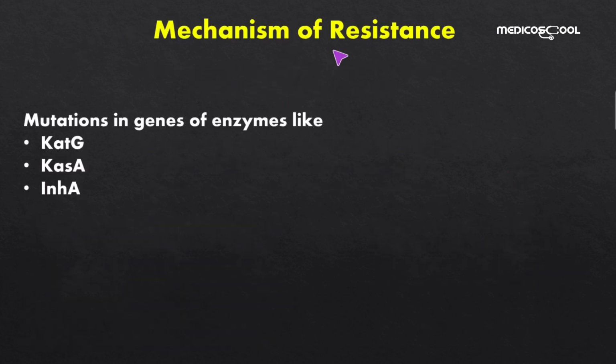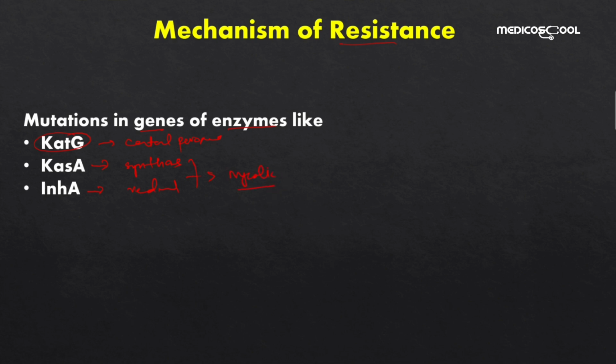So let's talk about resistance, that is, how these bacteria become resistant to isoniazid. It is mainly through mutation in the genes of enzymes, as we have already discussed: KatG, catalase peroxidase, KasA, synthase, and InhA, which is a reductase, and both these enzymes help in mycolic acid synthesis.